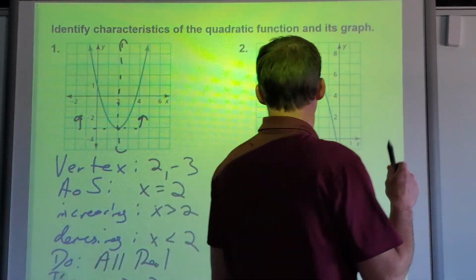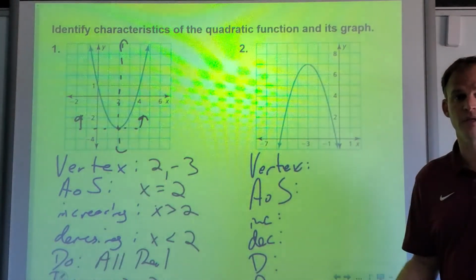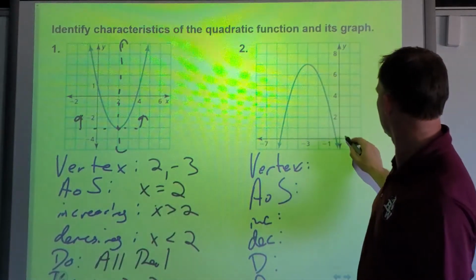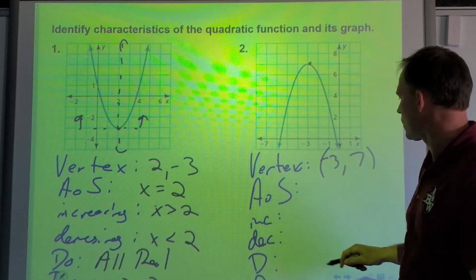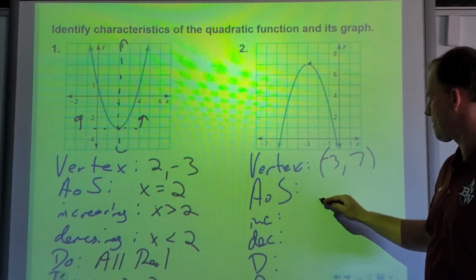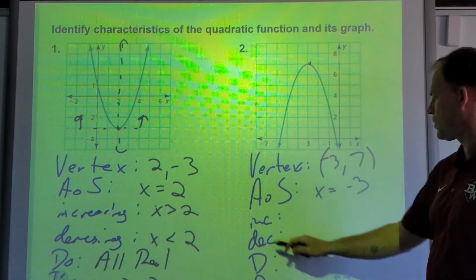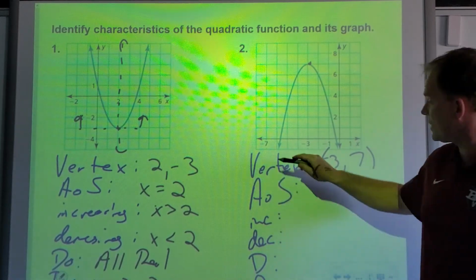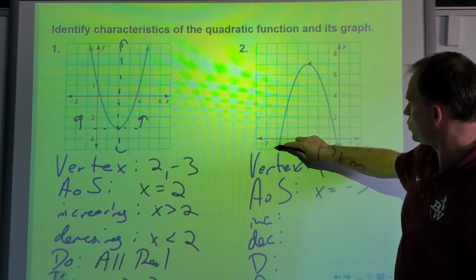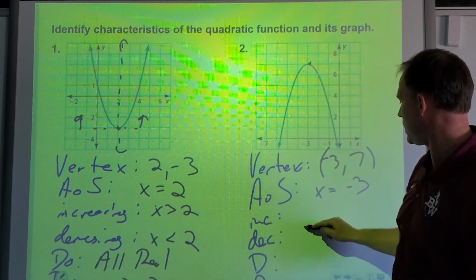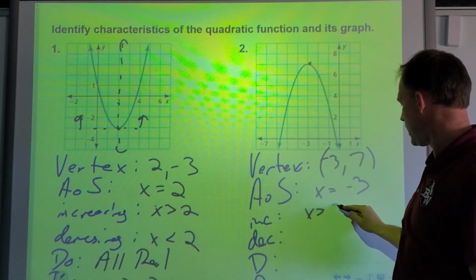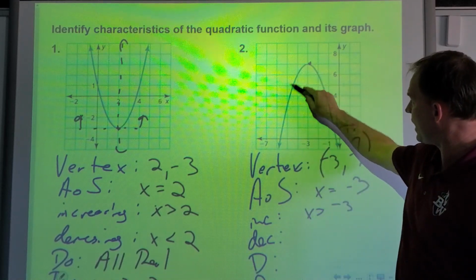All right. Number 2, where's the vertex? Axis of symmetry. Increasing. Well, this one is going up and coming back down. So it's increasing less than -3, this side.